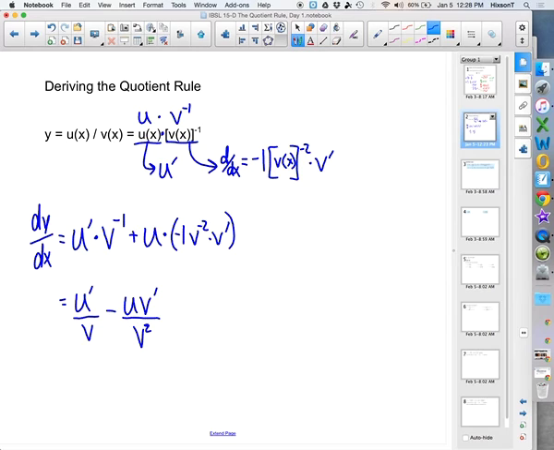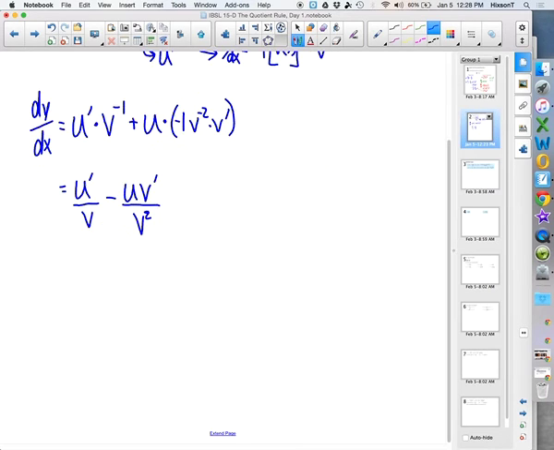Does everyone see how we got from here to here? I translated the negative exponents into fractions and pulled the negative out in front. Now let's get a common denominator. My common denominator will be v squared, so I need to multiply this by v over v. And now look at what I have: u prime v minus u v prime all over v squared.